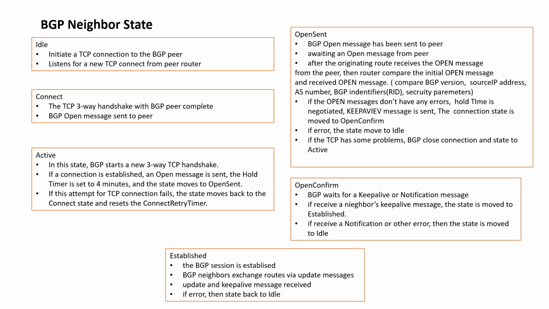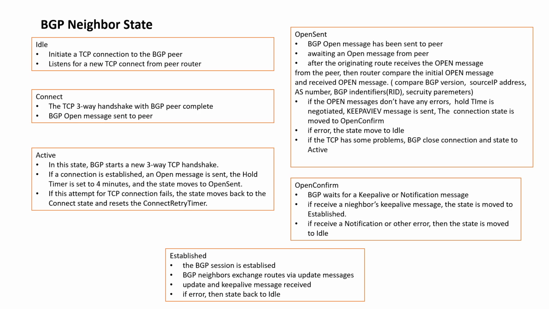The next state is called connect. In this state, the three-way handshake with the BGP peer is complete, and the router sends the BGP open message to the peer. The next state is called the active state. Not all neighbors go to the active state; that depends.